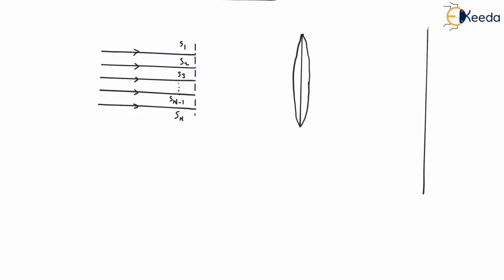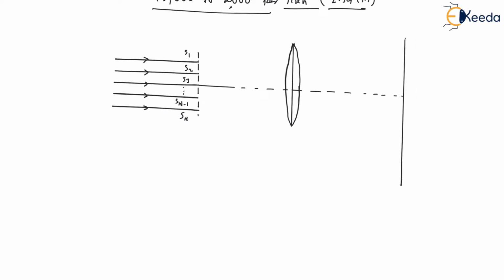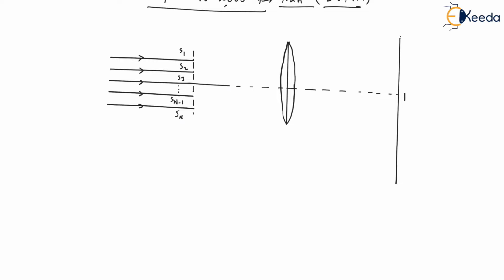So this line will give you the maximum intensity point, that is P naught. This one is the screen, this is lens L, and this one is the grating. S1, S2, S3, that is everything.